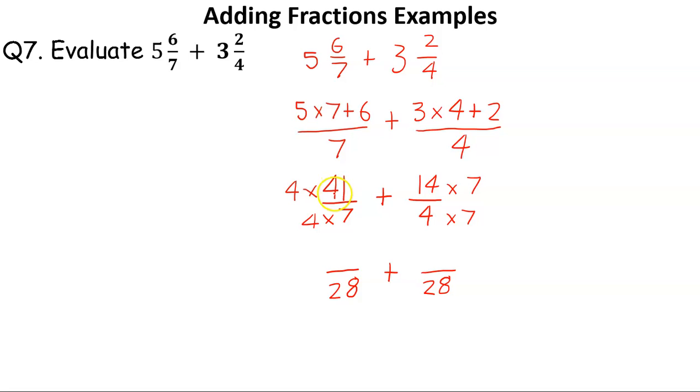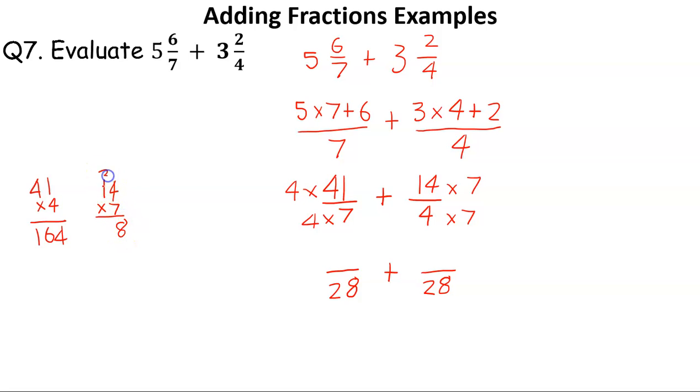But we need to work out this bit here. So I might just do a bit of a calculation and show you what I'm doing. I've got 41 times 4. 1 times 4 is 4. 4 times 4 is 16. And I need to do 14 times 7. 7 times 4 is 28.